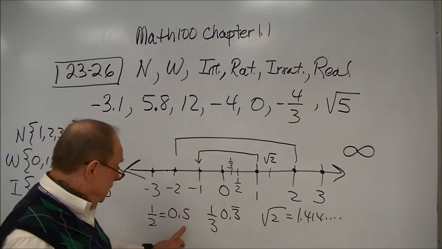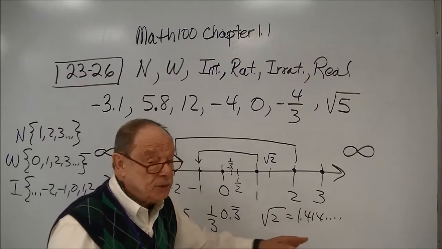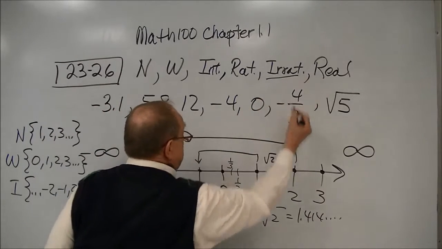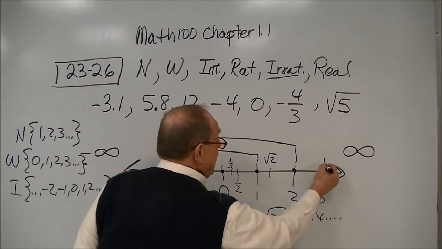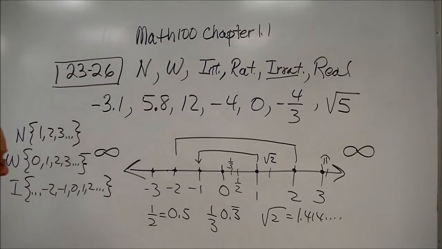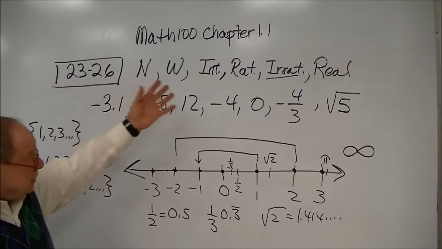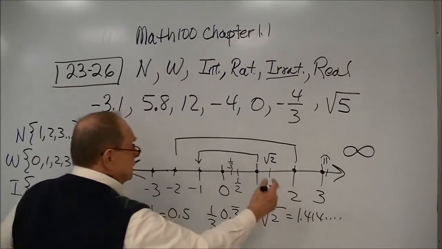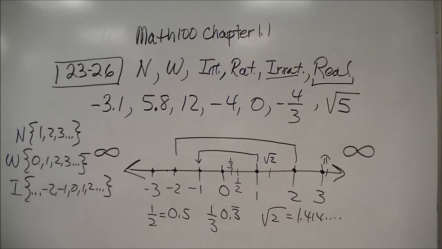If it has no termination and no repeating pattern, we say the number is irrational. But notice it is on the number line, as is pi over here too. Pi is irrational. So some of these numbers are in various categories, but all of the numbers are what we call real numbers. They are on the number line, and those are the numbers we'll be dealing with in this course.